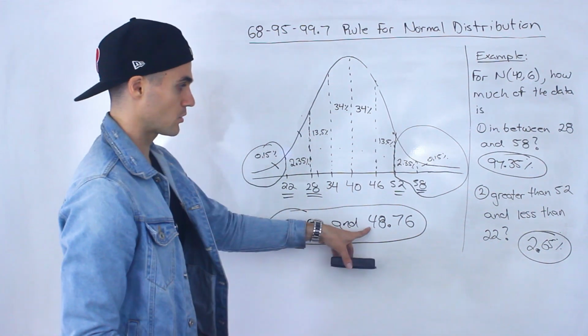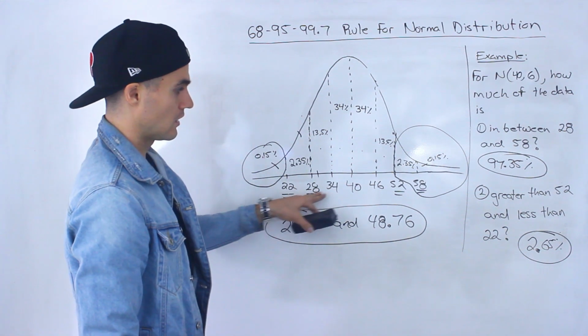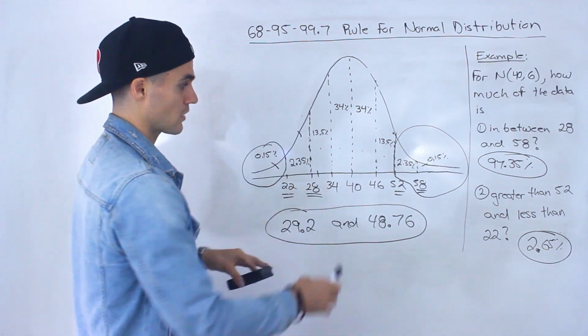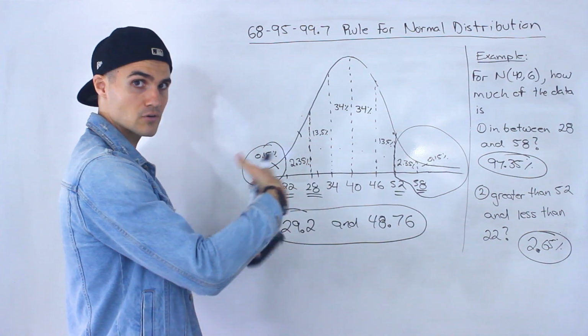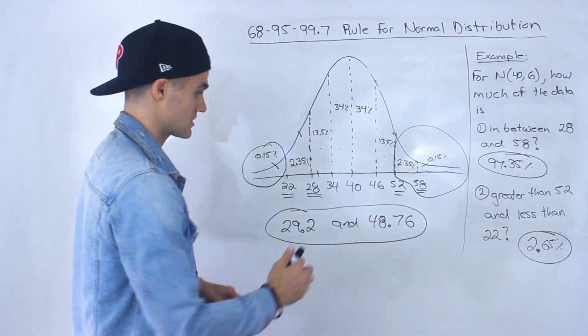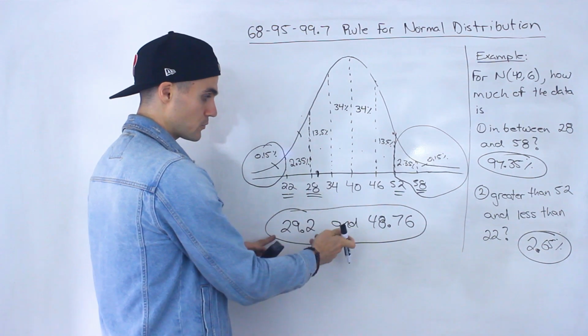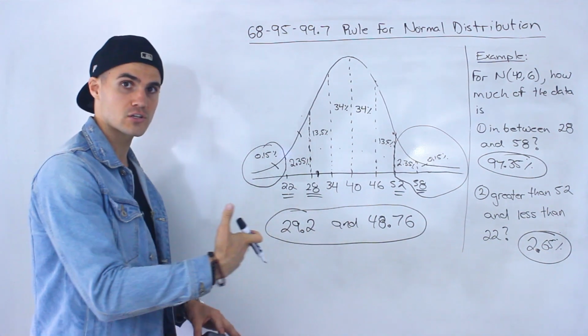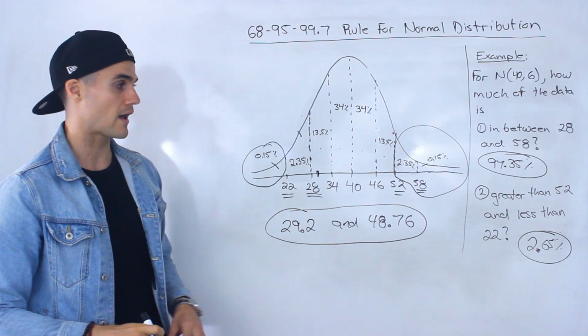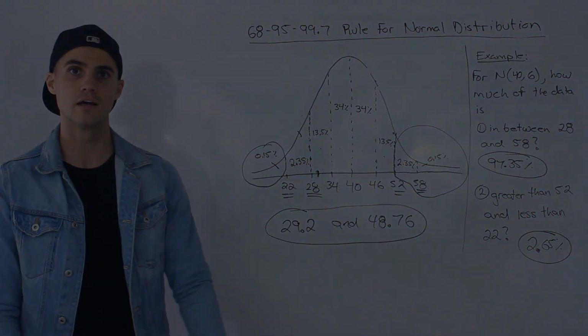Because notice that these numbers are not falling on these nice numbers where we're taking the mean and adding or subtracting a few standard deviations. These are like within these intervals, right? So how do we get exact values for this? There's actually a process for that, and we'll cover it in later videos.